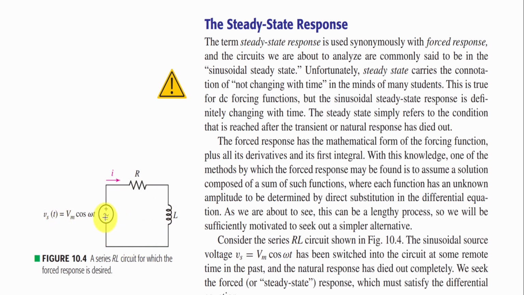I'm going to write the minus sign first: minus Vs plus Vr plus VL equals 0. So I can move Vs to the right hand side, so I have Vr plus VL equals the source voltage. We know that the voltage of the resistor is equal to IR, so I can write IR here, and the voltage of the inductor, V subscript L, is defined by the equation VL equals L dI over dt.